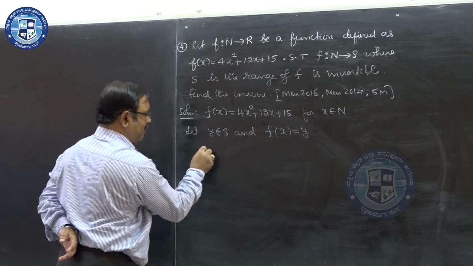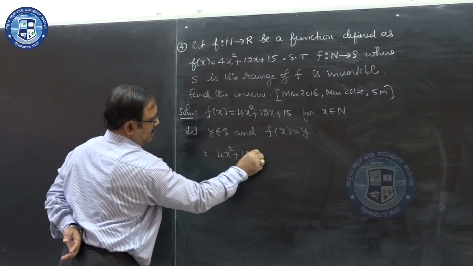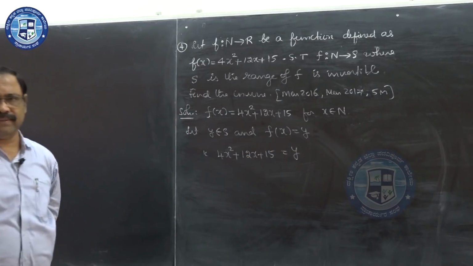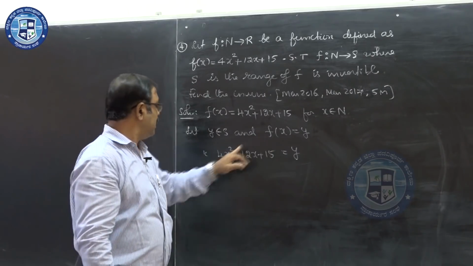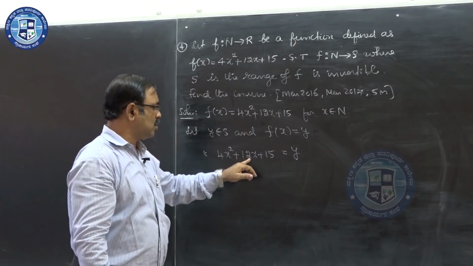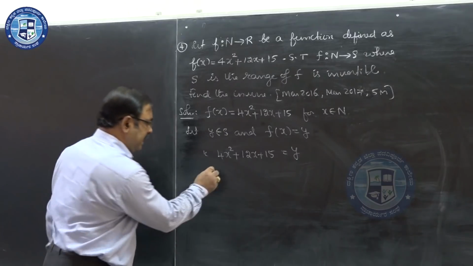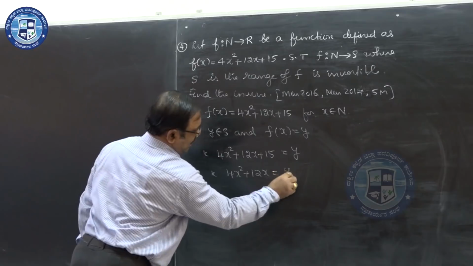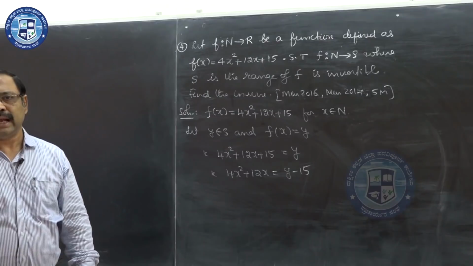Now f of x is equal to 4x square plus 12x plus 15 equal to y. That is 4x square plus 12x equal to y minus 15.